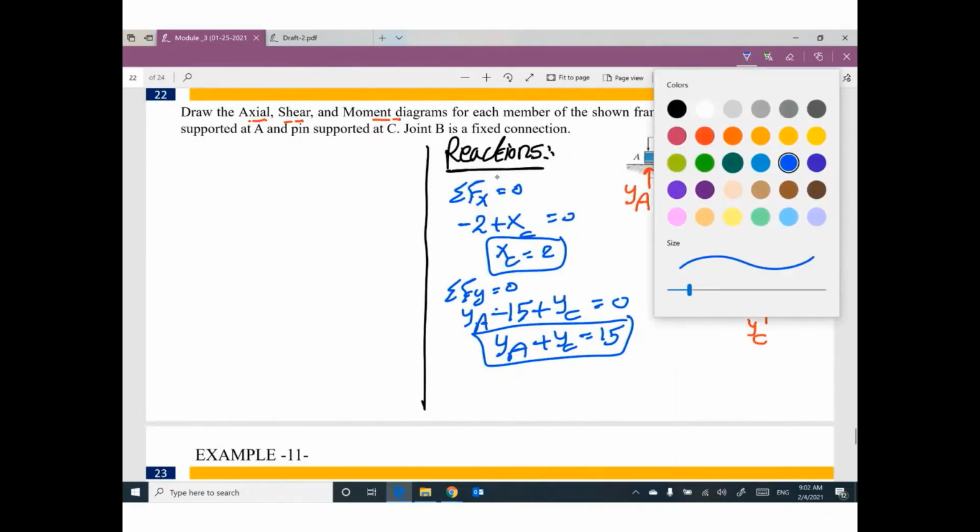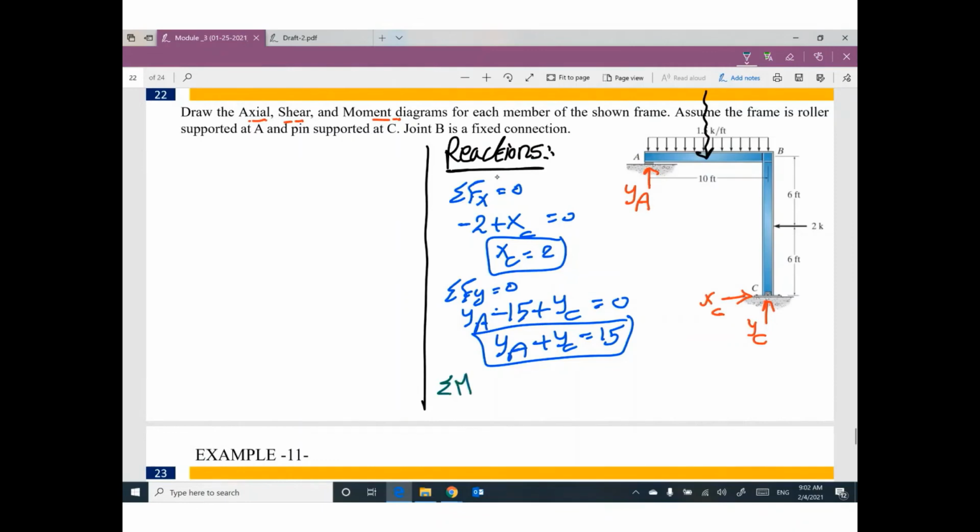The third equilibrium equation, summation of moment. I'm going to take moment at C equals 0. I'm going to assume this direction is positive. Taking moment at C, XC times 0, YC times 0, 2 times 6, this 2 times this 6, plus 15 times what? The horizontal distance between this load and the point C is 5.